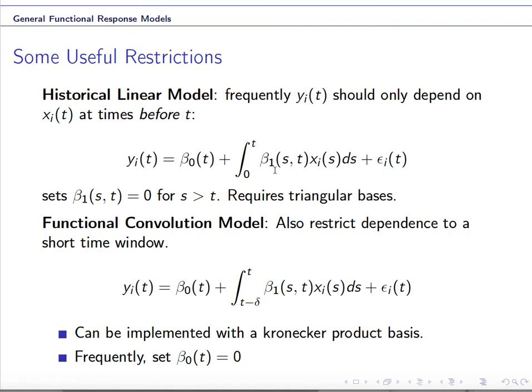So therefore, when you do the estimation, you cannot use the tensor product. When we do the tensor product, we basically divide this range into small squares. Each basis function represents the value of beta(s,t) on a small square or rectangle.